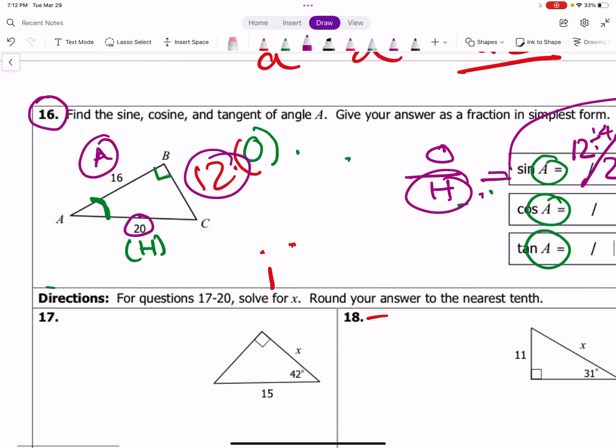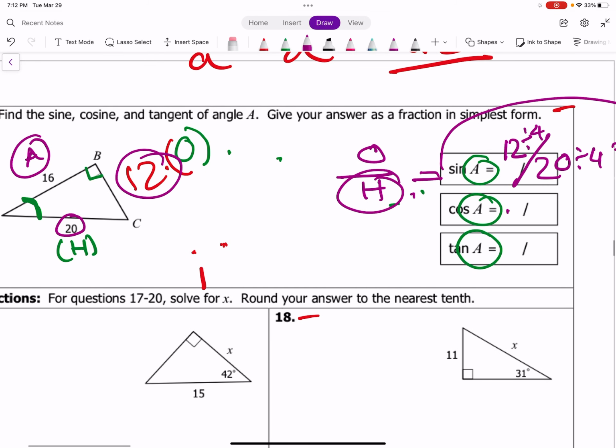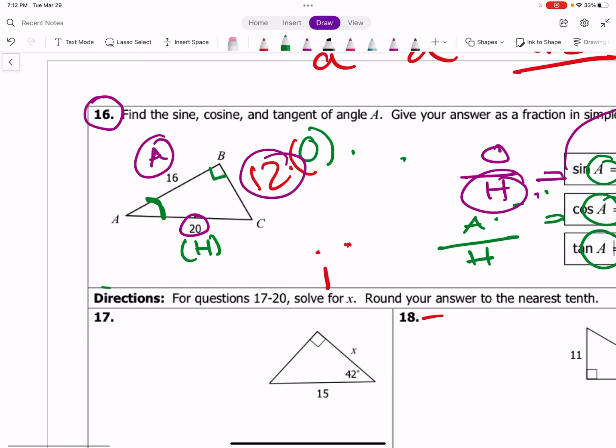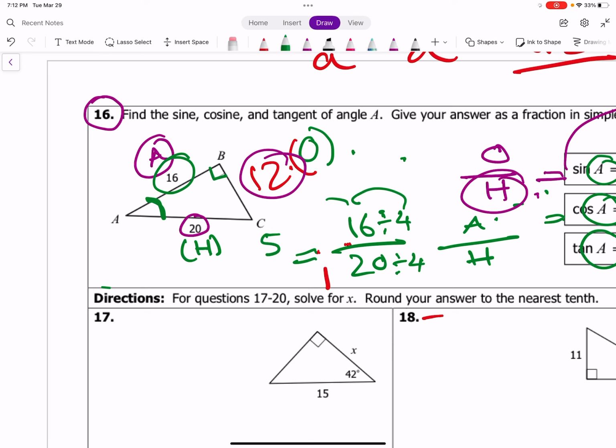And then cosine is adjacent by hypotenuse. So adjacent 16, and hypotenuse is 20. I divide by 4, I get 4 over 5.